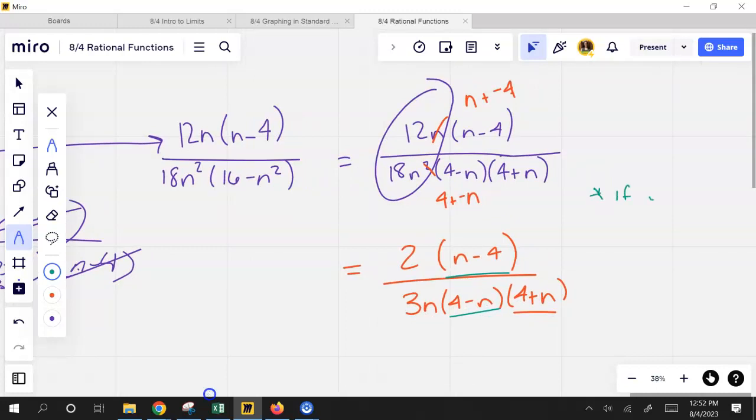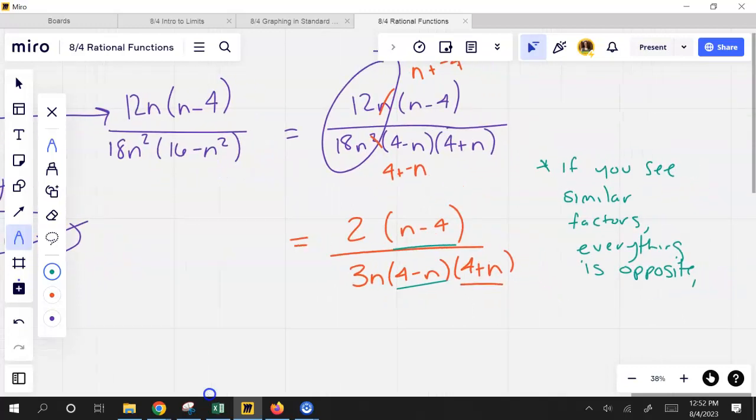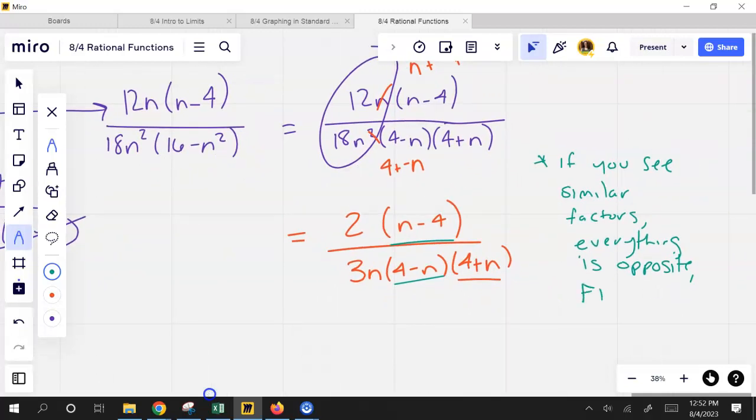If you see similar factors where everything is the opposite sign, you want to factor out a negative 1 from one of them every time. Doesn't matter which one.